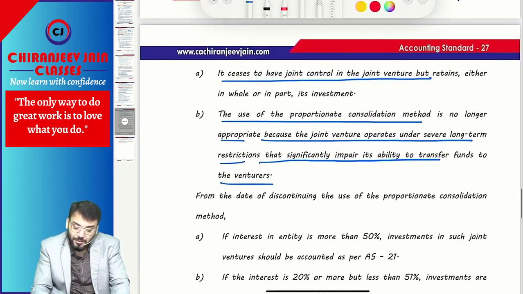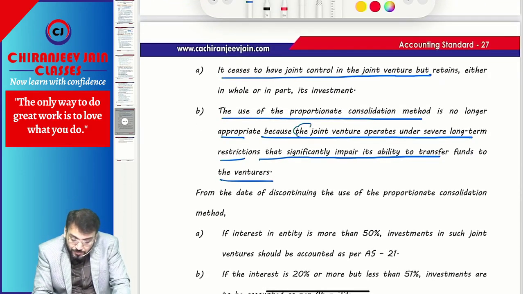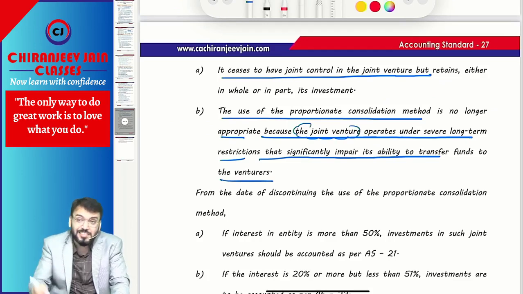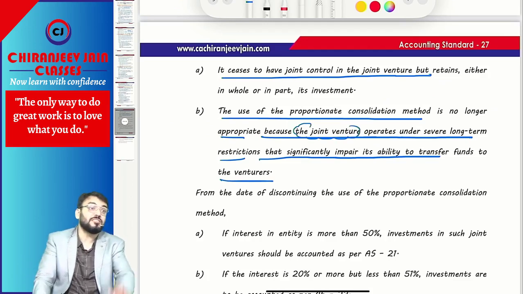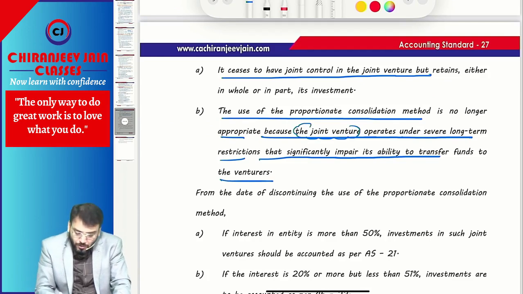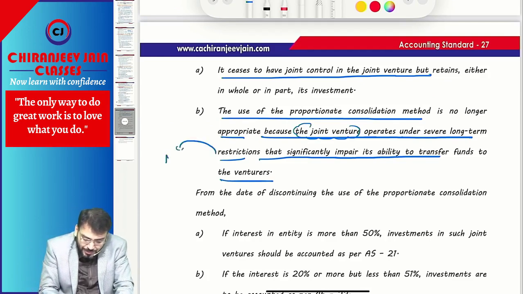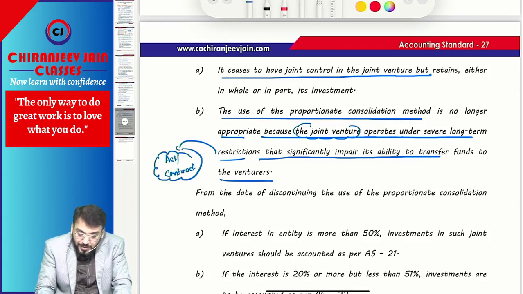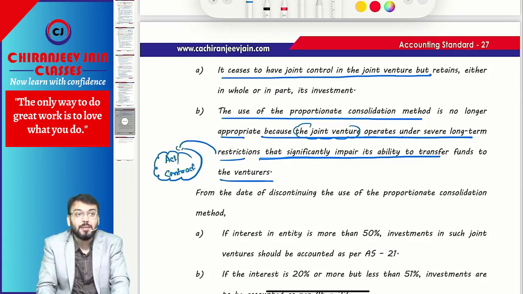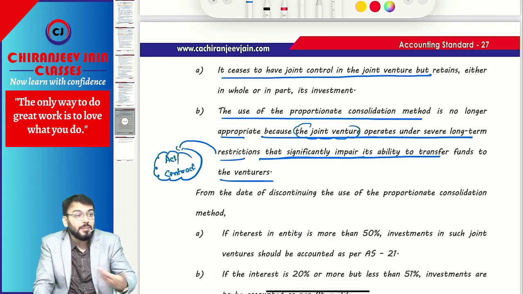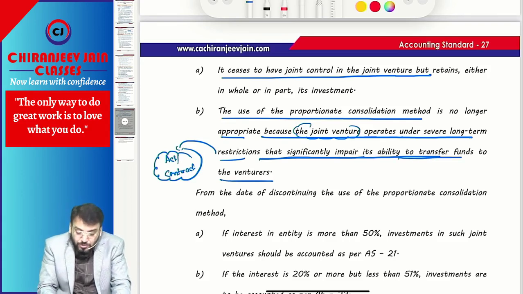Because the joint venture operates under severe long-term restriction, which may be because of act or because of contract, that significantly impairs its ability to transfer funds to the venturer.